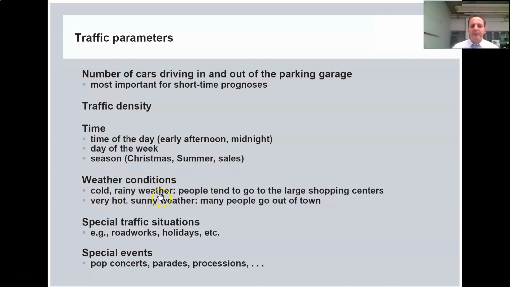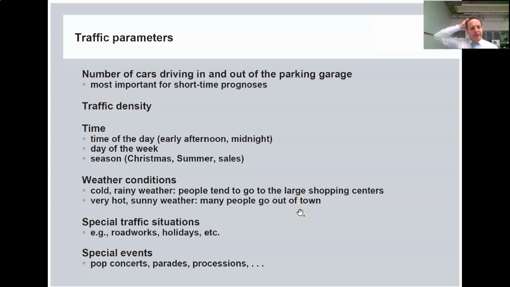With cold, rainy weather, people tend to go to large shopping centers, so for example, the car park can be full, or with very hot, sunny weather, many people go out of town, so perhaps the car park is empty.